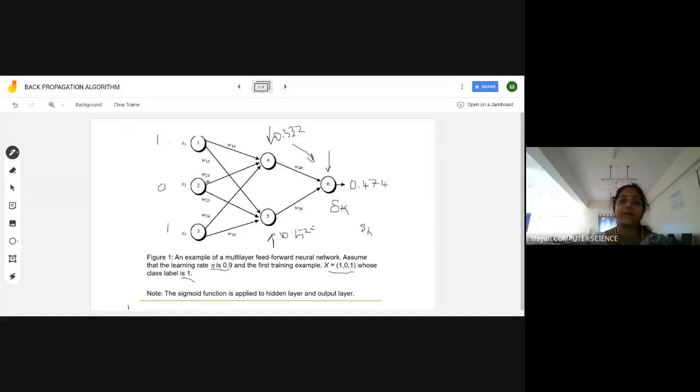W14, W15, W24, W25, W34, W35. The error which you calculate when propagating back will help you calculate the updated weights, and then you apply again, till you get the outputs nearly equivalent to the maximum accuracy.